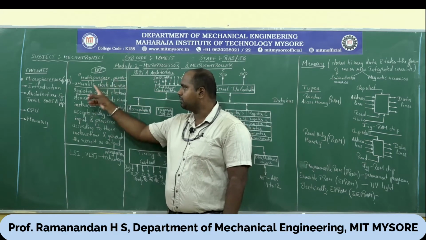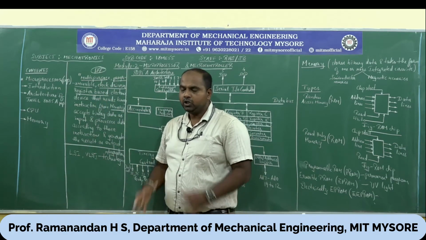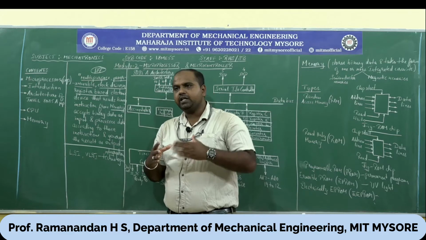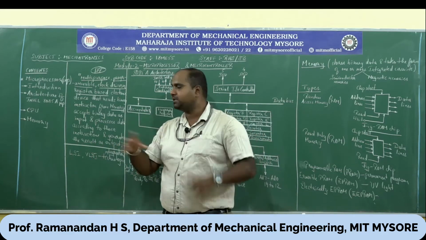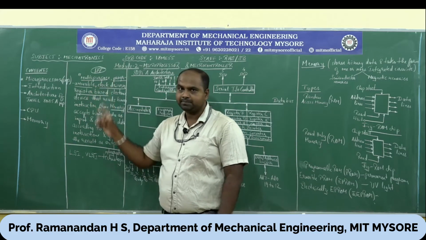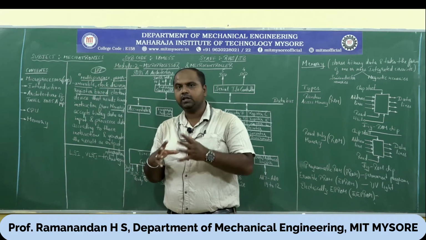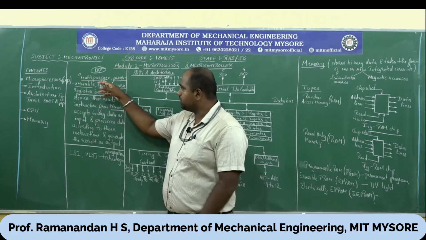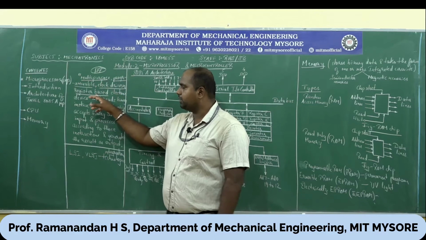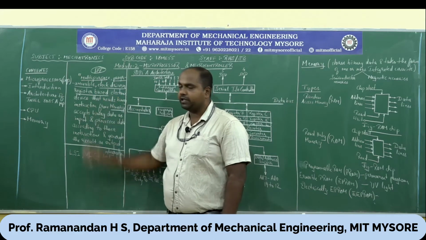So all these words are very important, that is why I have underlined them. So much of what I have spoken is easily represented by just writing these terms. If you remember these terms, they are like a formula which will simplify the understanding of a microprocessor. So it is a multi-purpose, programmable, clock-driven, register-based electronic device.